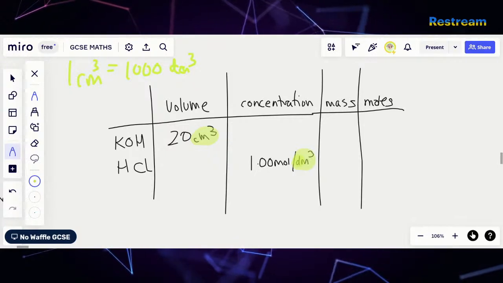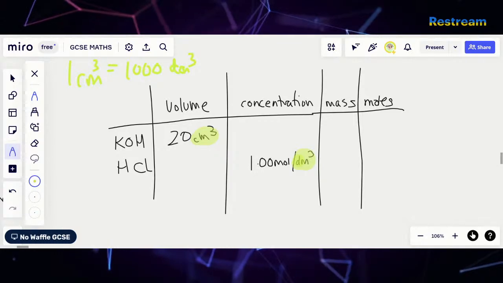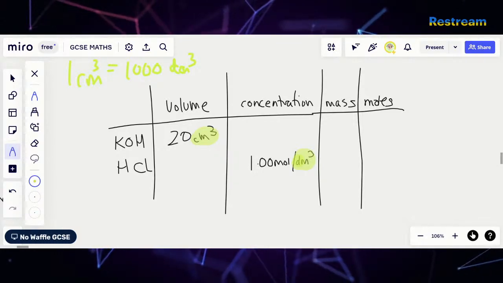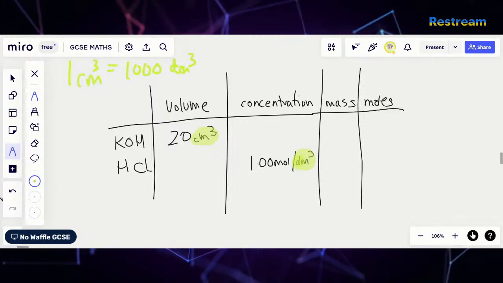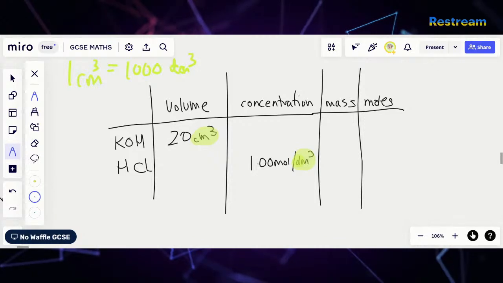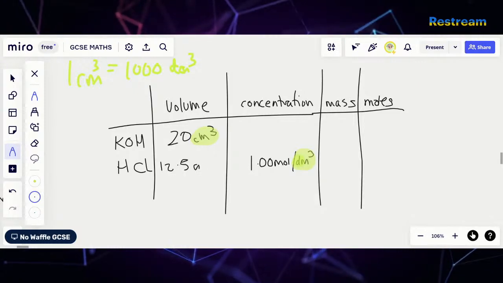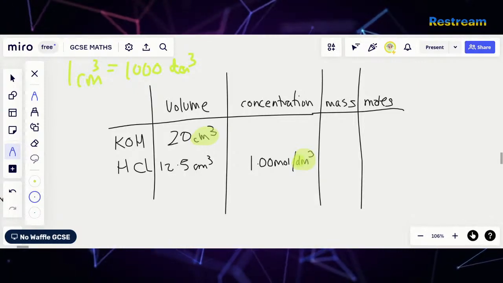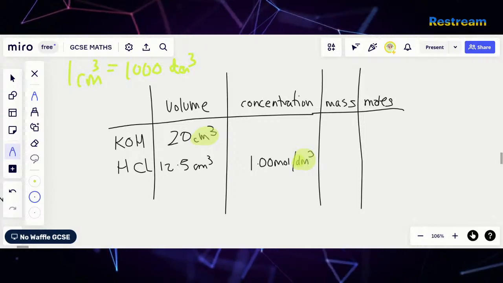So now we've got the volume of the potassium hydroxide and the concentration of hydrochloric acid. After repeated tests, it was found that the potassium hydroxide was neutralized by 12.5 centimeters cubed of hydrochloric acid. So now we have the volume of hydrochloric acid. What is the concentration of potassium hydroxide?